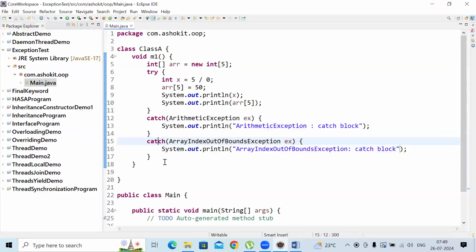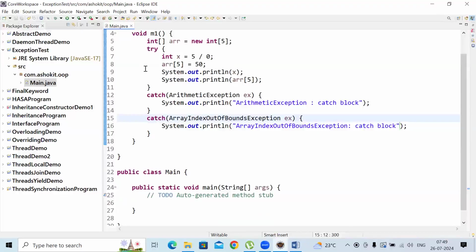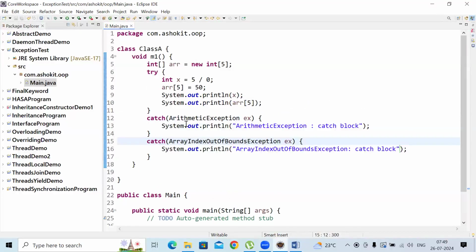In that, finally block is not compulsory. If it is needed, you write it. If you don't need the finally block to do any operation, simply avoid it. Now for the try block, what I am writing here is 2 catch blocks.